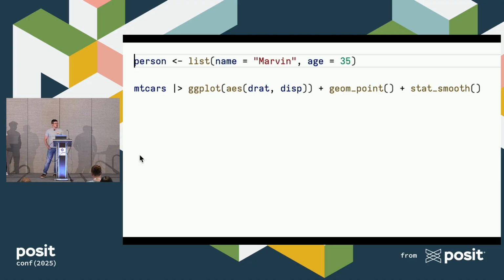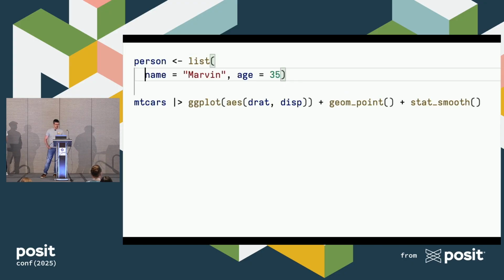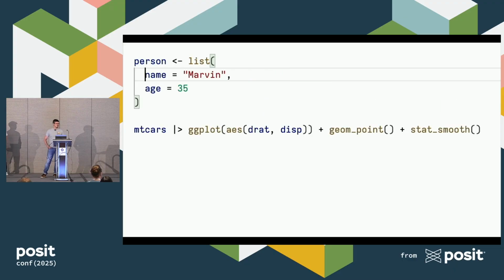The idea of persistent line breaks is that you are going to find the first element in that expression, insert a line break, save the file, and the line break is going to be taken as an instruction for the formatter to expand it. So let's see what it looks like. With the list call, you can find the first argument, insert a line break, you save, it goes to expanded.